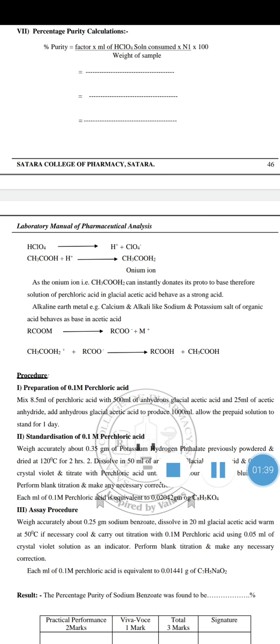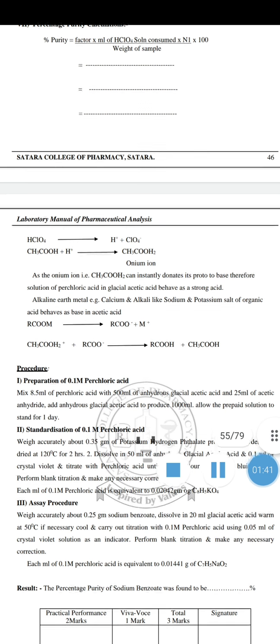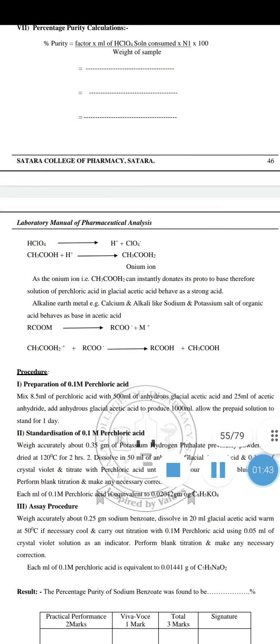Therefore, a solution of perchloric acid in glacial acetic acid behaves as a strong acid.